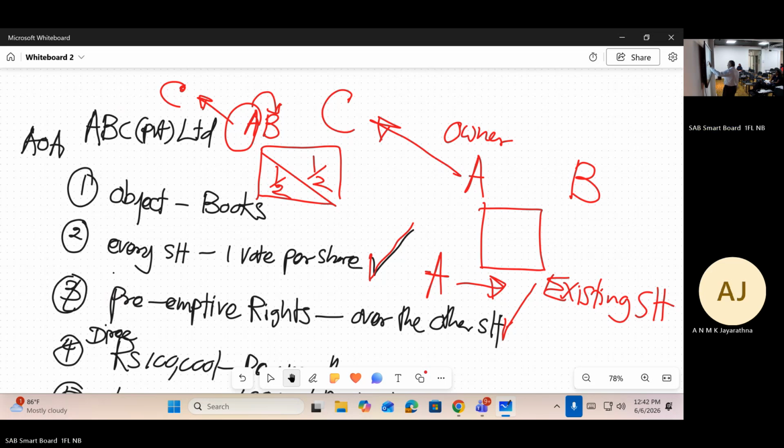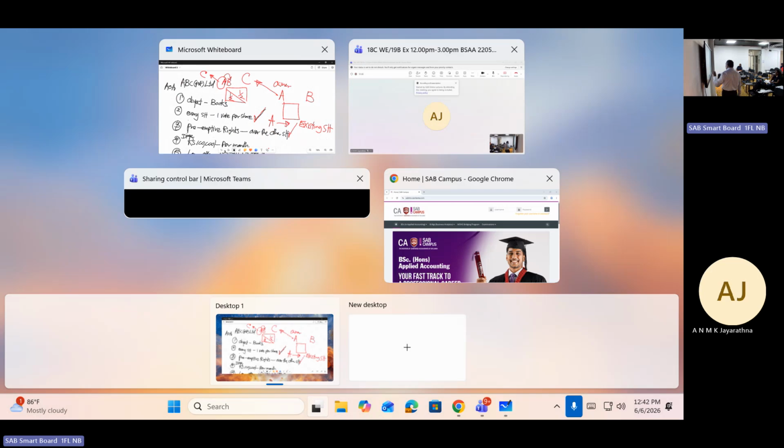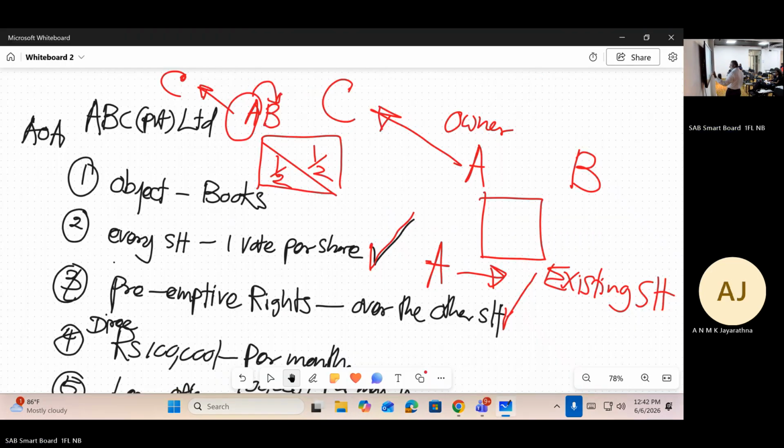But when we consider the fourth provision, every director is entitled to receive 100,000 remuneration, salary per month. It is related to his capacity as a director, not as a shareholder. Therefore, it is not related to his capacity as a shareholder.